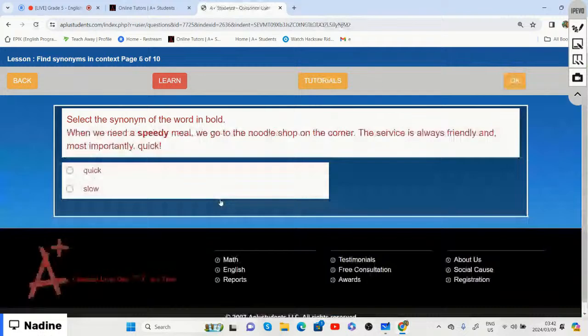When we need a speedy meal, we go to the noodle shop on the corner. The service is always friendly and most importantly, quick.